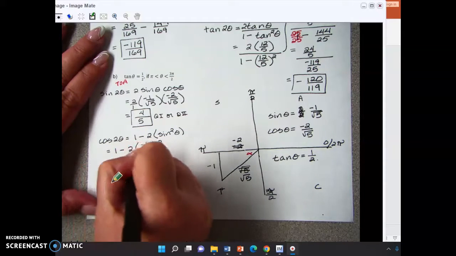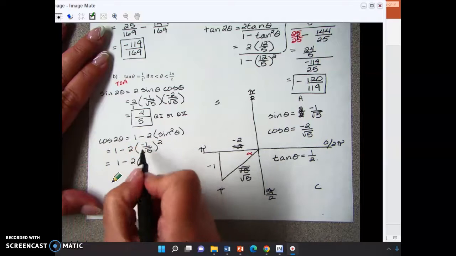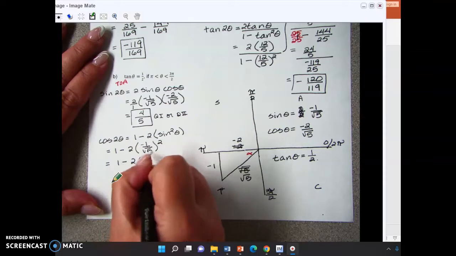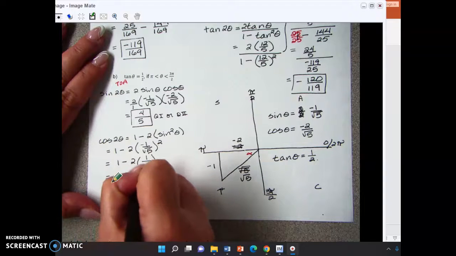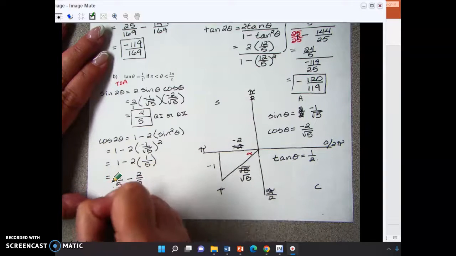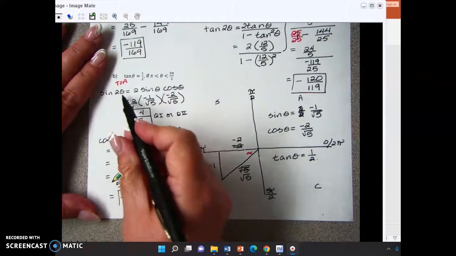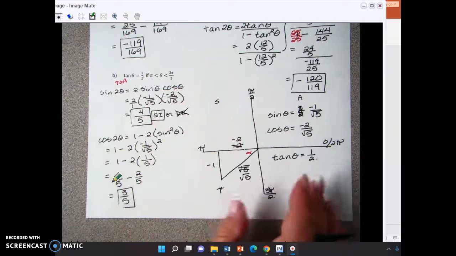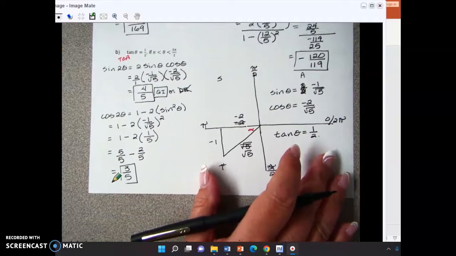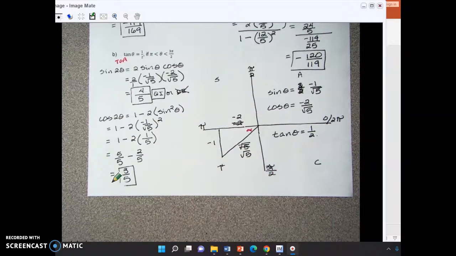So this is 1 minus 2 times, and then negative 1 squared is 1, and root 5 squared is 5. So this is going to be 5/5 minus 2/5, which gives me 3/5, or you could work that out in your calculator. And notice where sine and cosine are both positive is going to be in quadrant 1. So that means my tangent should be positive as well.